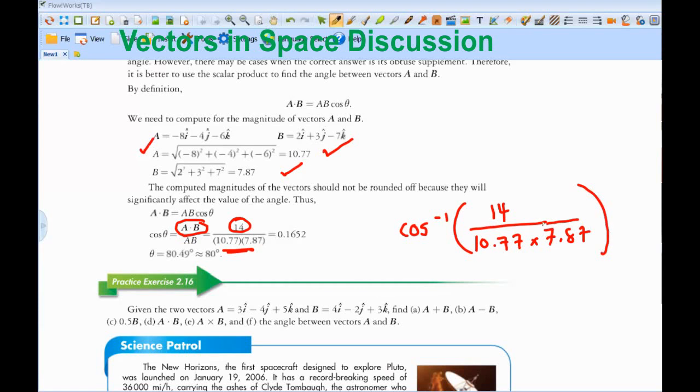You will get the answer here. Sir, we won't round off, right? It's very long then. It's 7.874007, directly in the calculator.